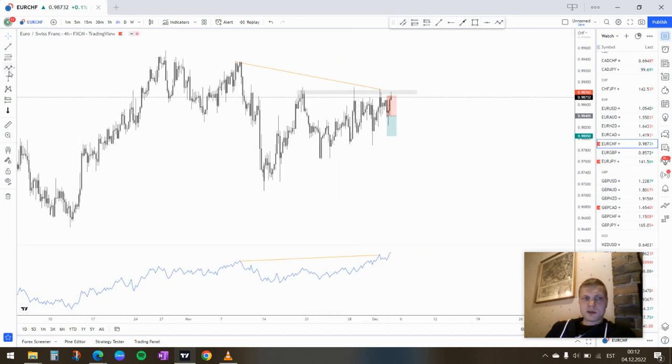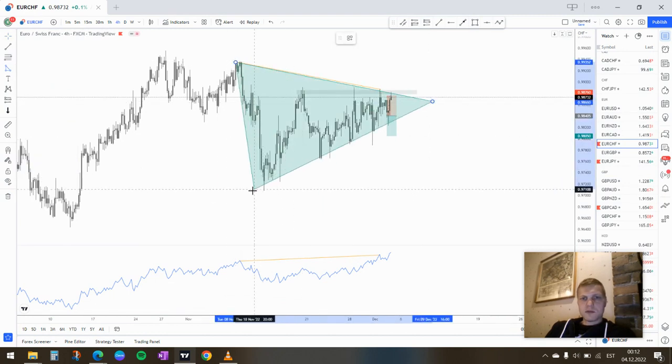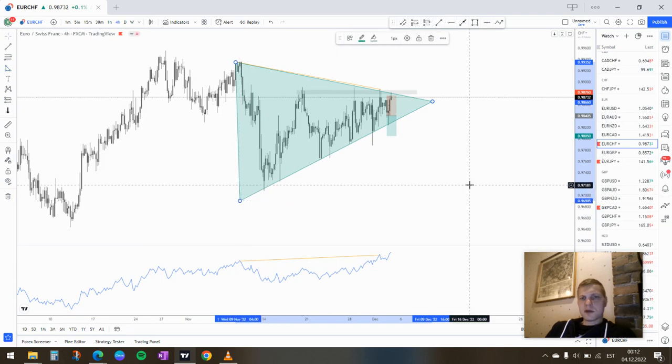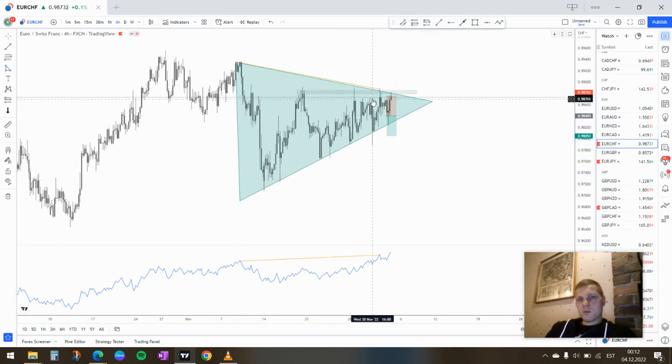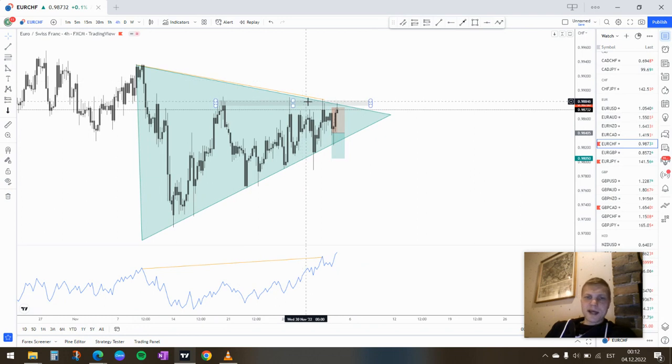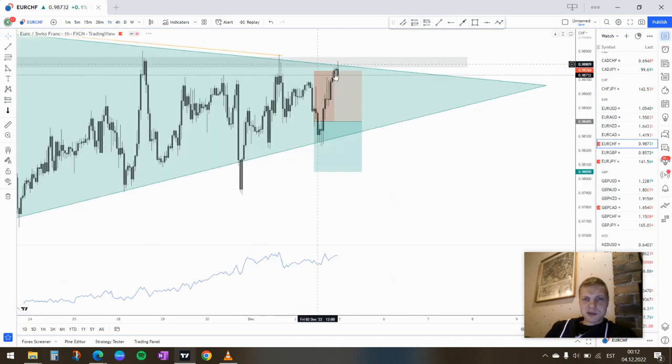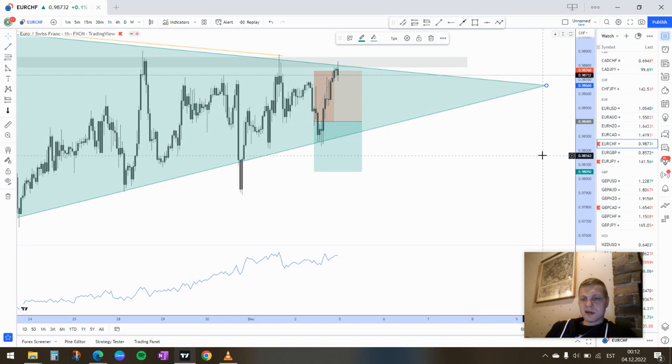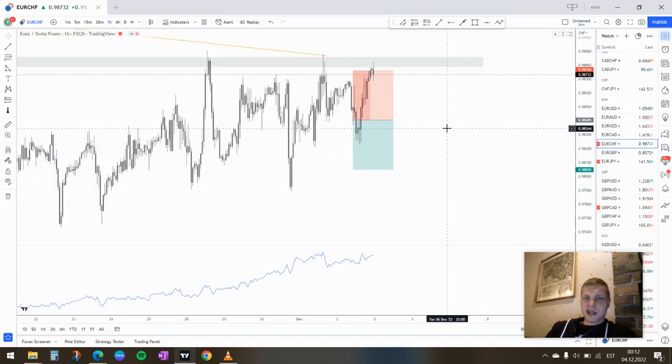Who knows what it's going to do, right? So it moved as anticipated. I just got a bad entry, and right now it broke past my stop loss, and I don't know what it's doing. Moving down maybe. I don't know. Not going to take this trade again.